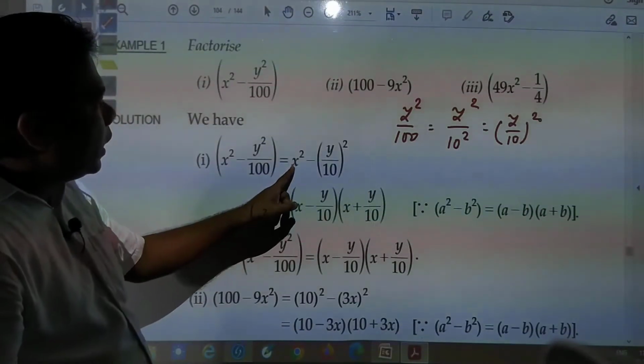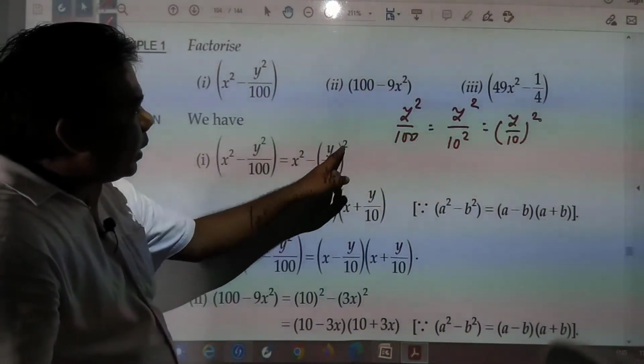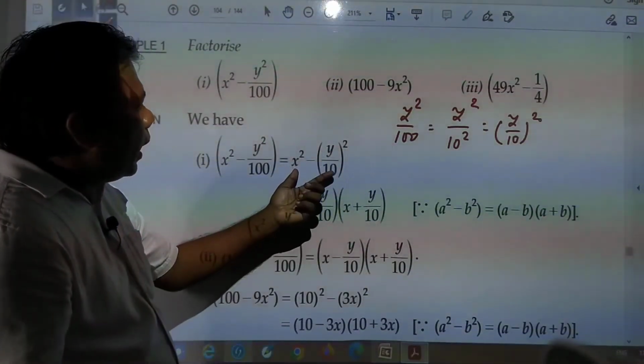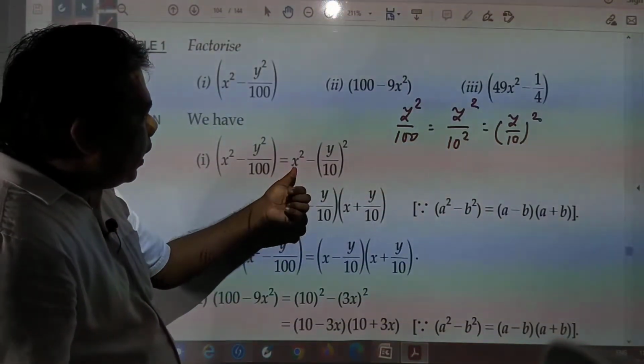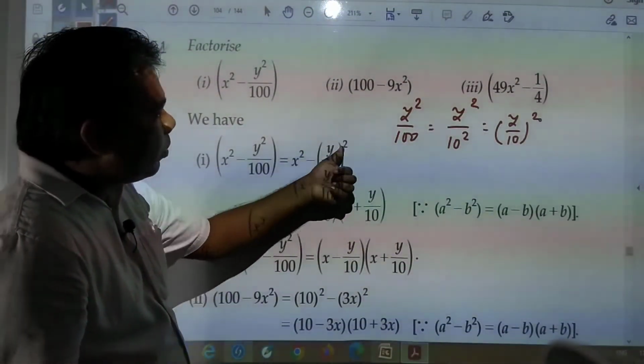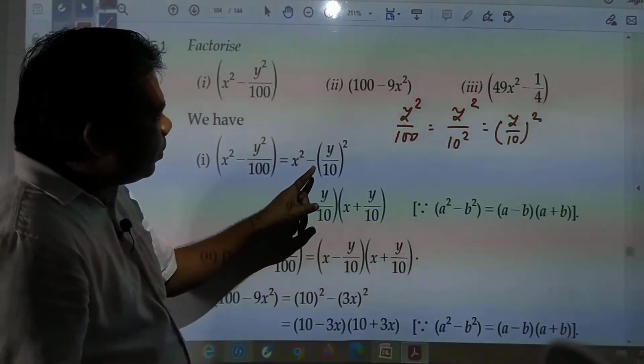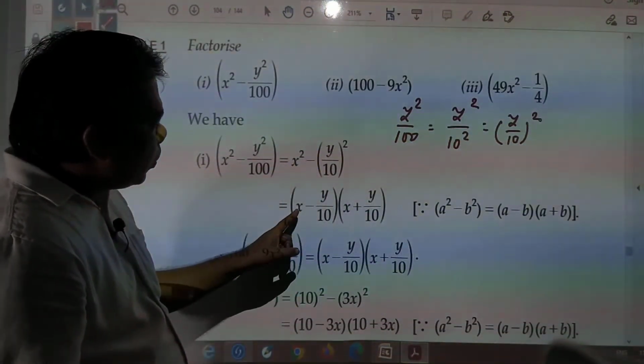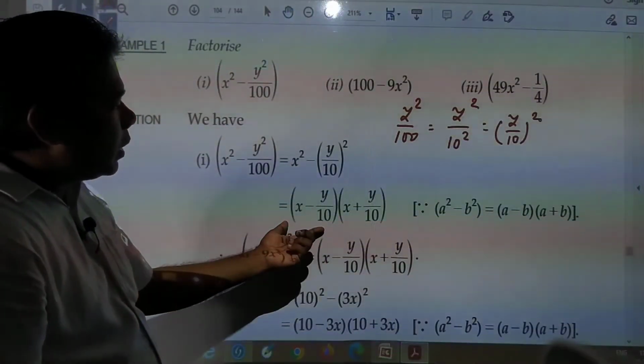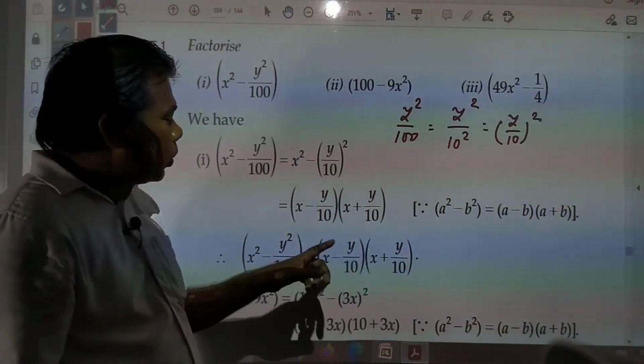So x square minus y by 10 whole square is in the form a square minus b square, which is equal to a plus b into a minus b, or you can write a minus b into a plus b. Both are the same.